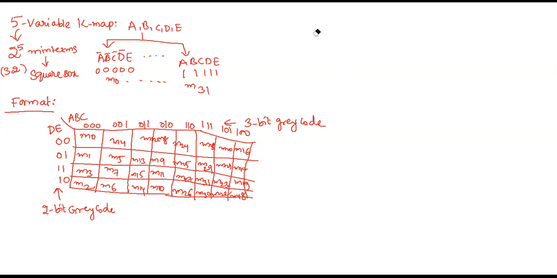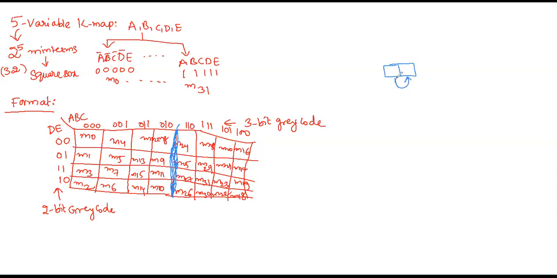Now concentrate. Divide this into two equal parts, with 4 square boxes on one side. Now, if you observe, side by side square boxes are adjacent.